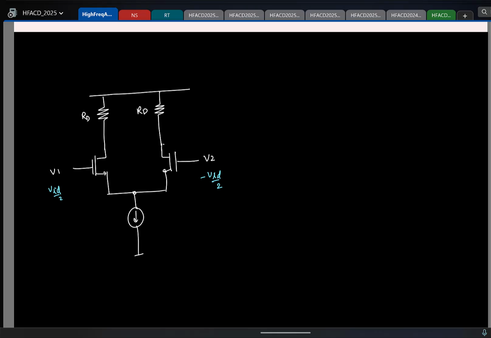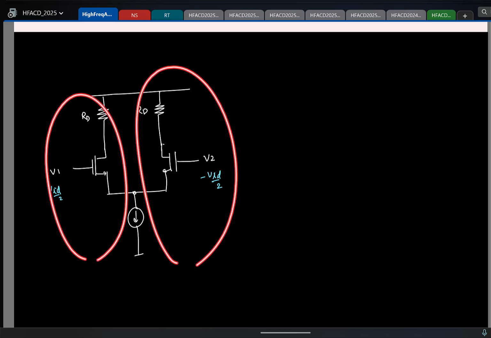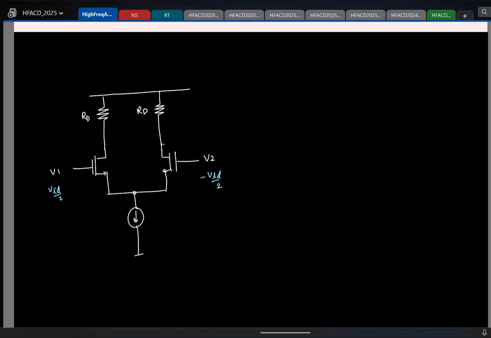If you remember, if you have two linear networks which are symmetrical like this, all the nodes along the line of symmetry will be at 0 if the excitation is anti-symmetric. So this simplifies and gives rise to the differential mode half circuit.